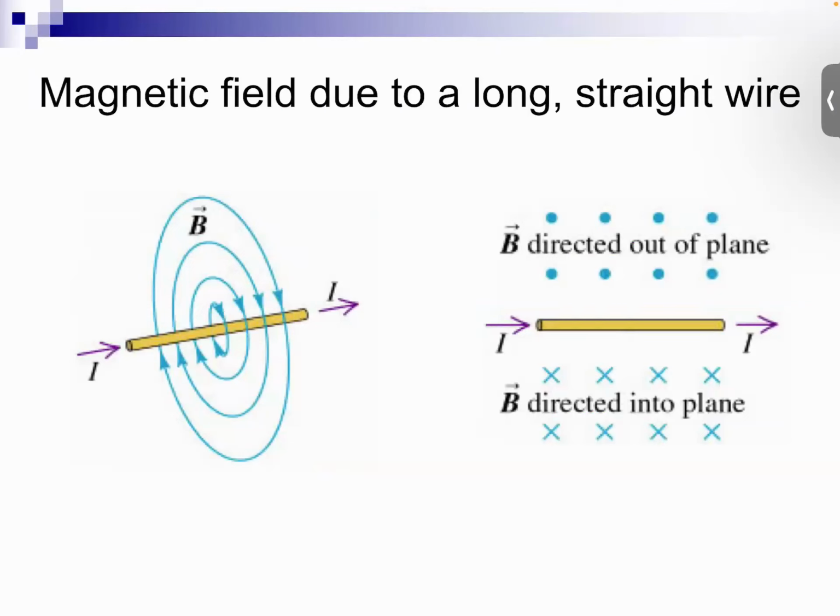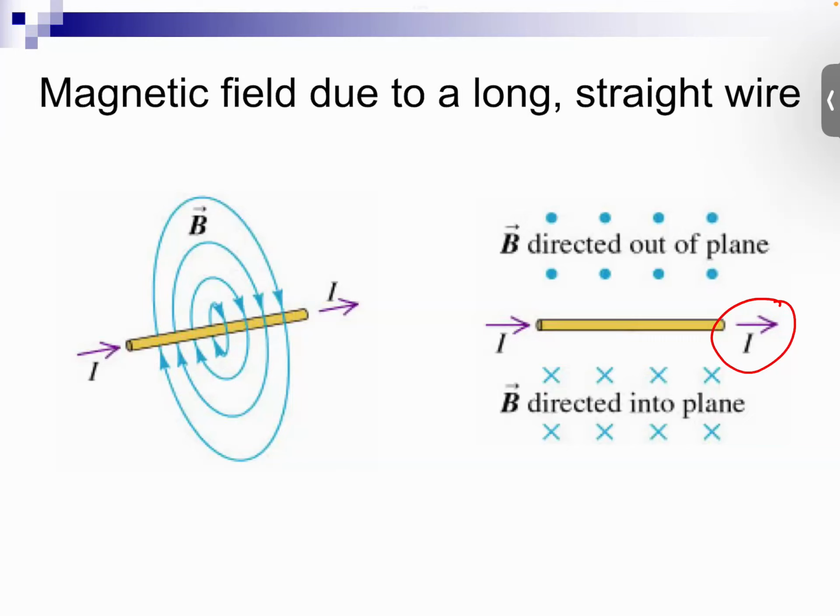So for example, here you have a horizontal wire. It carries a current that's flowing to the right. The right-hand grip rule will tell you that the magnetic field will come out of the page above the wire, and it will enter the page below the wire. Because if you do the right-hand grip rule, you point your thumb in the direction of the current flow, and your fingers curl around this straight wire.